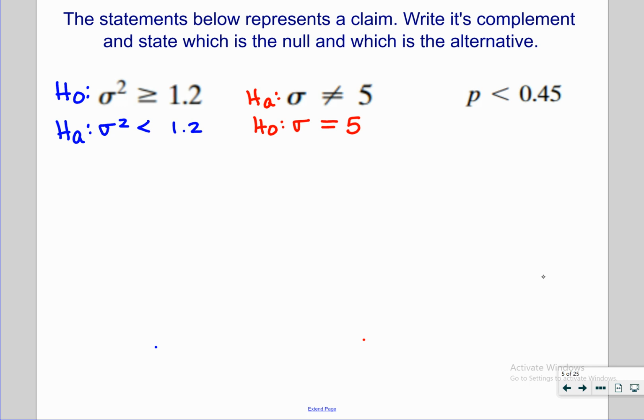That's where you're going with that. Proportion? Yeah? Okay, it's a proportion. Okay, so it says the proportion is less than 45%, 0.45. Is that a null or alternative? Alternative. So the null would be what? That the proportion is greater than or equal to 45%. Okay, any questions on that?